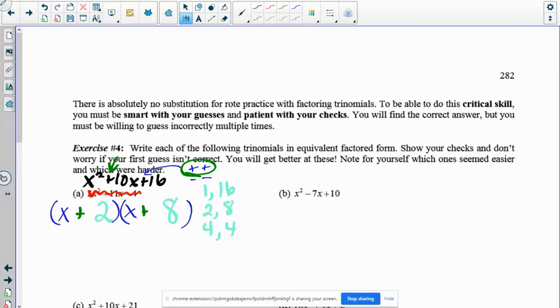And we can double check by doing our FOIL box, double distribute. x times x is x squared, x times 8 is 8x, 2 times x is 2x, and our last terms are 2 and 8, which give me the 16.